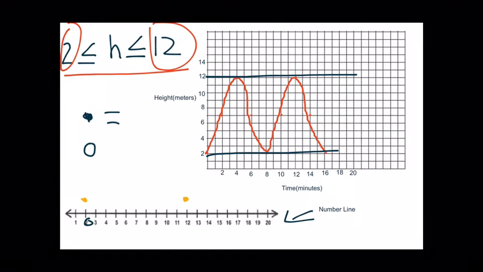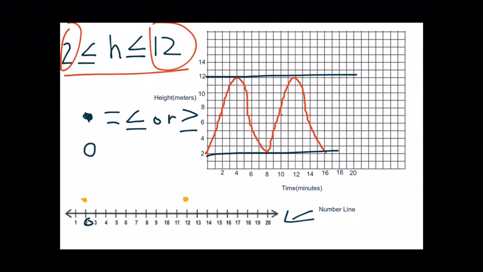The symbols for a filled dot would be either larger than or equal to, or smaller than or equal to. For a non-filled dot, the integer at hand would not actually apply, and the symbols would be just smaller than or larger than.